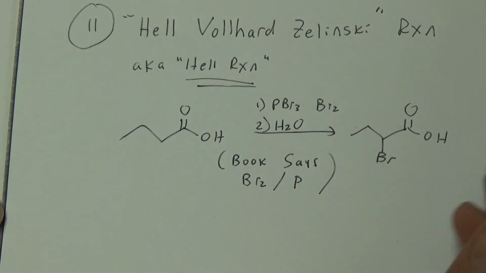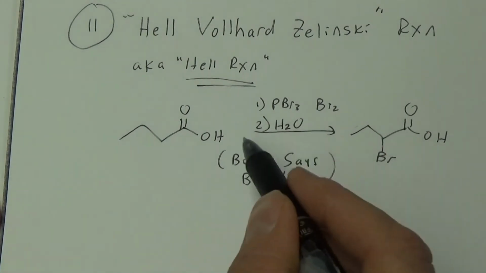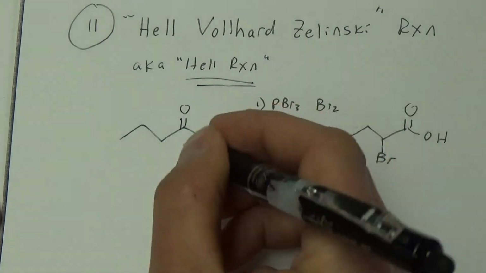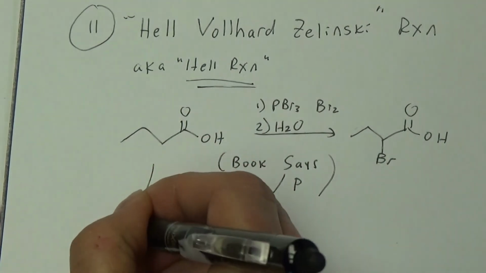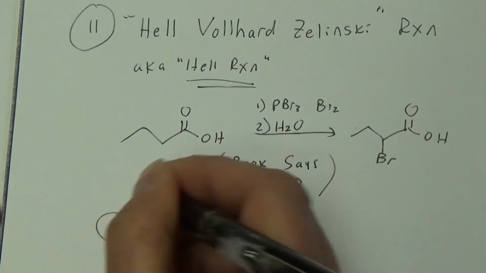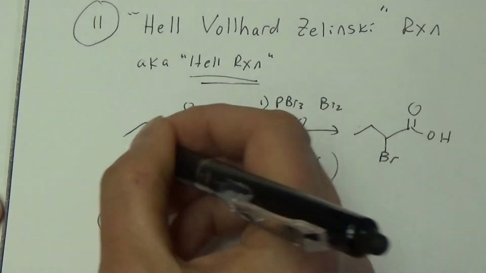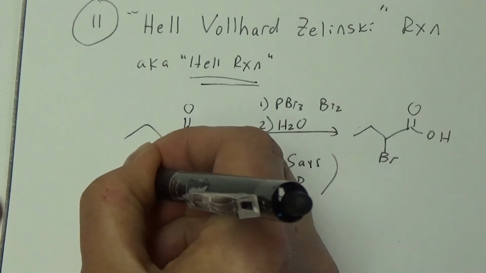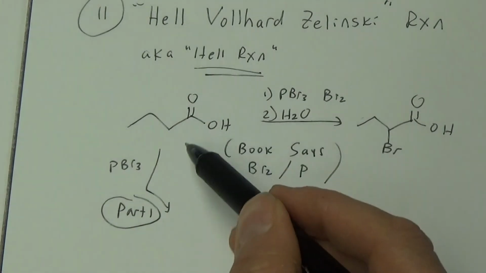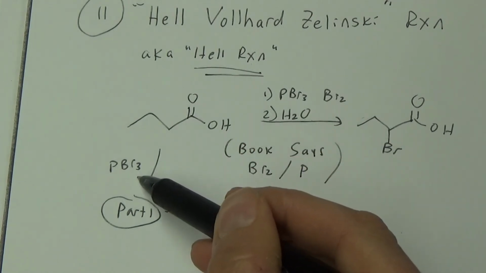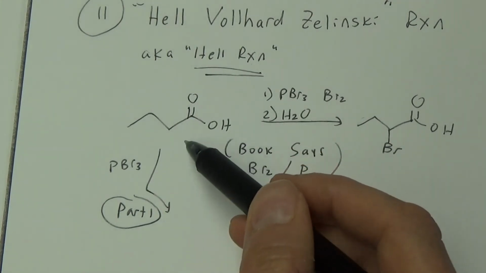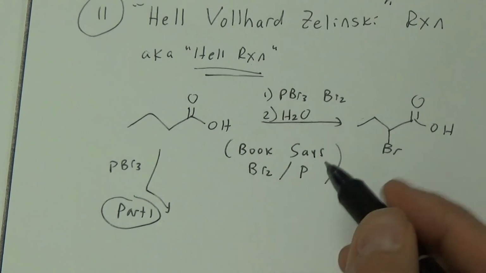Overall, there are 3 parts to this, even though there are only 2 steps. Part 1 is essentially PBr3. We already know what that does, right? It makes an acid bromide. Just like SOCl2 makes acid chlorides, PBr3 makes acid bromides.